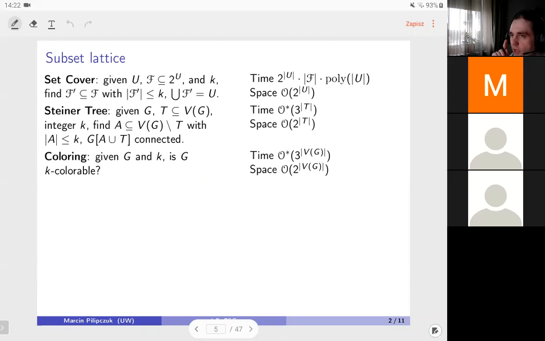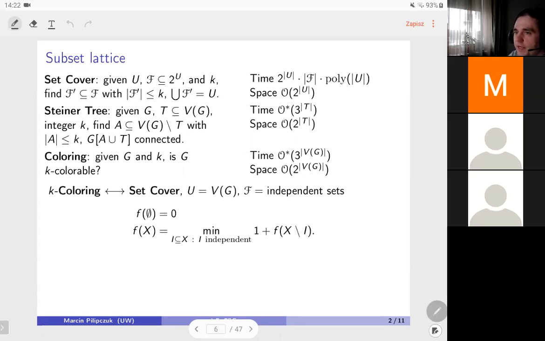And you can actually think of this as really the set cover problem, because this is really covering the vertex set of the graph with independent sets. You can think of the coloring problem as covering the vertices of the graph with the minimum number of independent sets, and these independent sets are not given as an explicit family, but the graph encodes the family of independent sets.